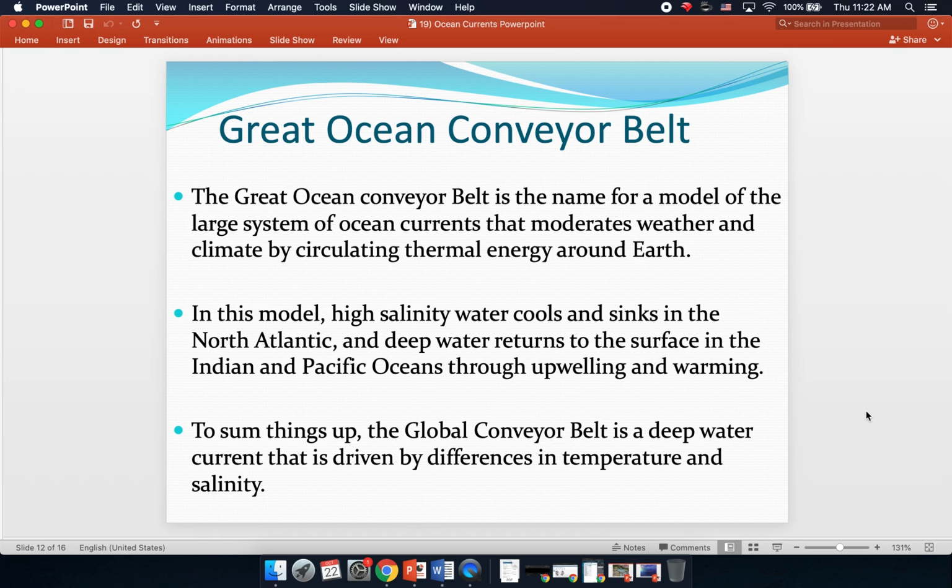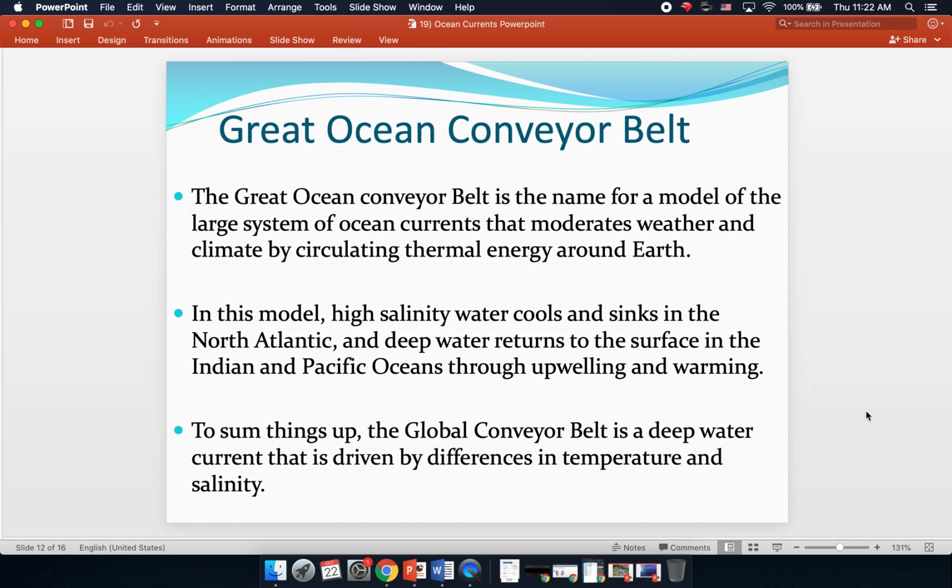All right, the Great Ocean Conveyor Belt. This is the name for a model of the large system of ocean currents that moderates weather and climate by circulating thermal energy around the Earth. In other words, it is a predictable pattern of our density-driven ocean currents, where colder, more dense water sinks, and less dense, warmer, less salty water rises to the surface.